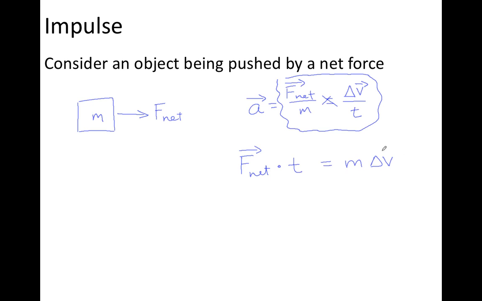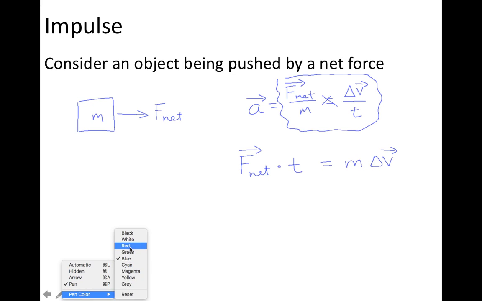And again, we have to be careful for the direction-dependent vector quantities. What we have on each side of the equation represents an important quantity.